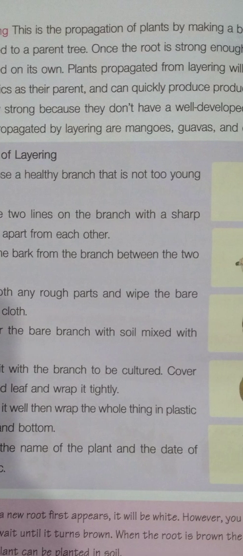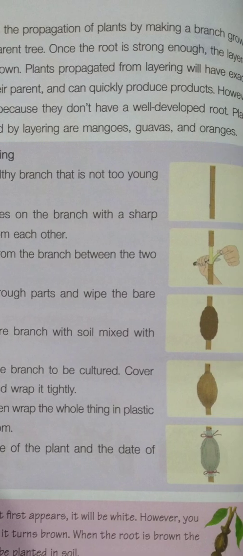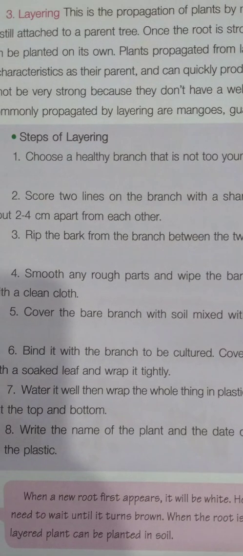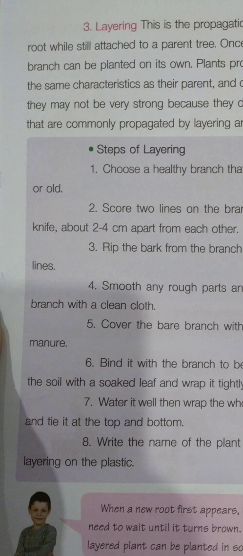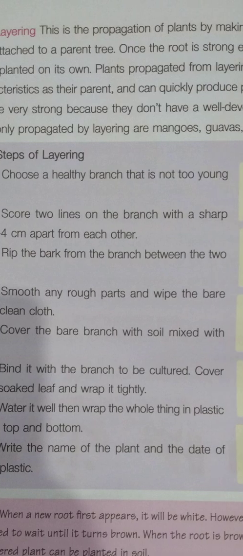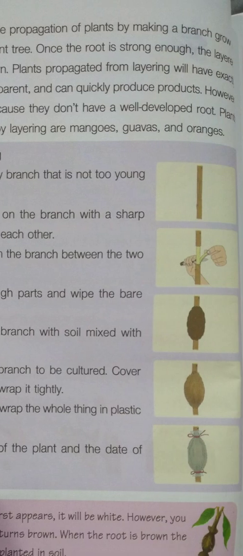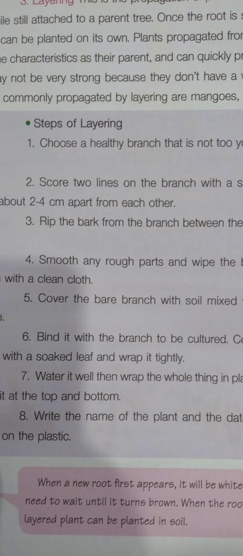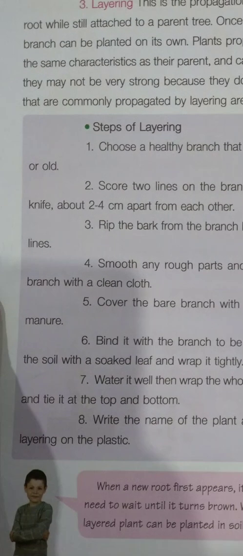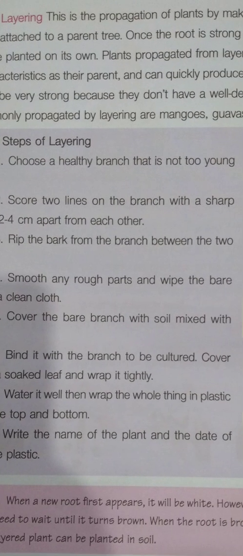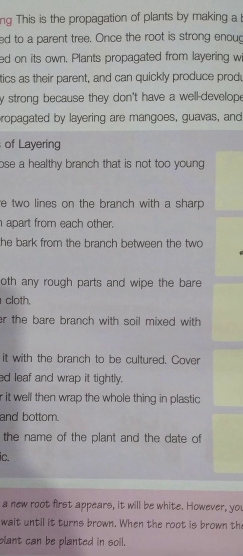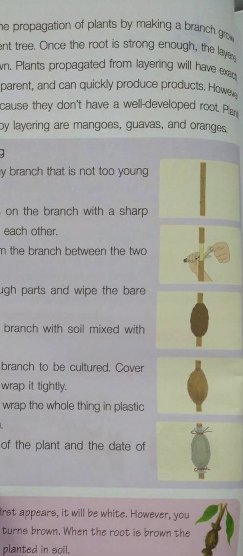Plants propagated from layering will have exactly the same characteristics as their parent and can quickly produce products. However, they may not be very strong because they don't have well developed roots.